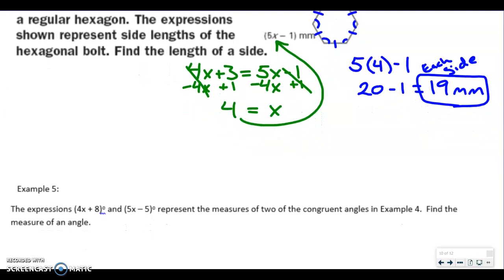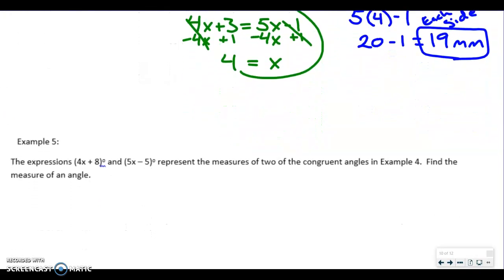And scroll here. All right, example number 5. So the expressions 4x plus 8 degrees and 5x minus 5 degrees represent the measures of 2 of the congruent angles in example 4. Find the measure of an angle.